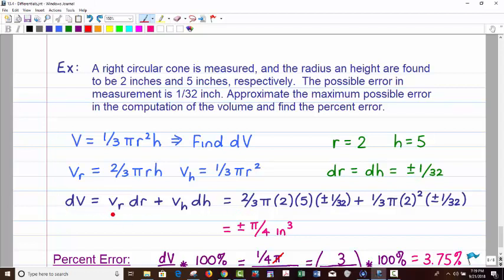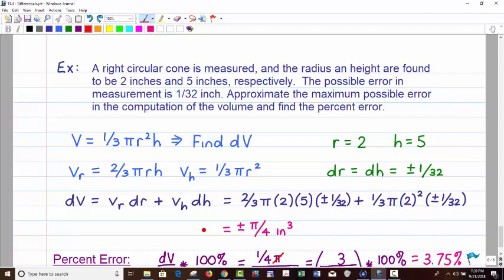So here's your dV, V_r dr plus V_h dh. So it's 2/3 pi times 2 times 5. And then over here we have 1/3 pi r squared, so no h. So it's 1/3 pi times 2 squared, because that's what r is.